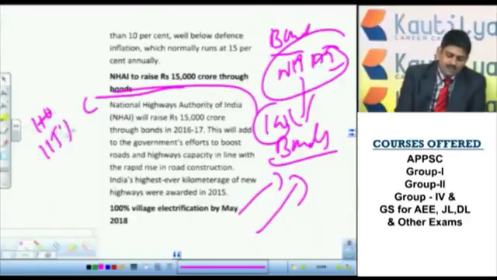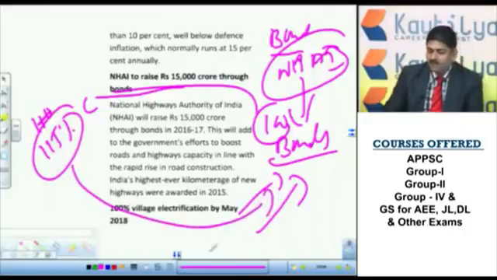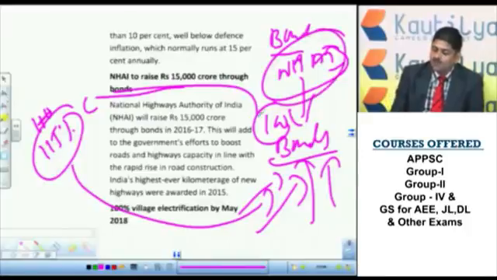That means 15% interest will be given after 3 or 4 years. So people will come and take the bonds. That means NHAI wants to raise 15,000 crore by selling this kind of bonds this year. This is what it means.